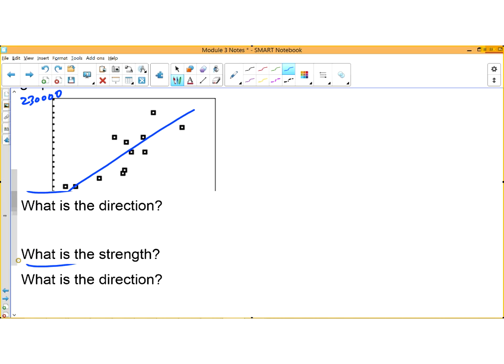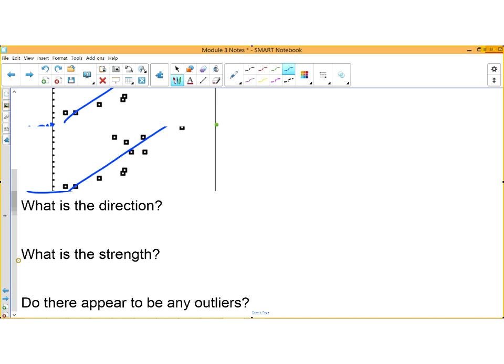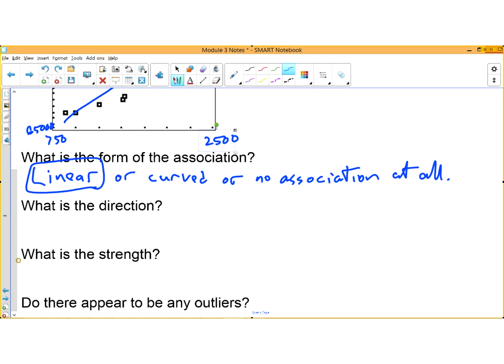Okay. The next one is the direction. Basically direction can be positive or negative. Or if the curve doesn't solely curve up, if it goes up and then down, or down and then up, then you might say the direction is curved also. You can have a curved graph with a direction, like if you have a curve like this, that's a curve with a positive direction.